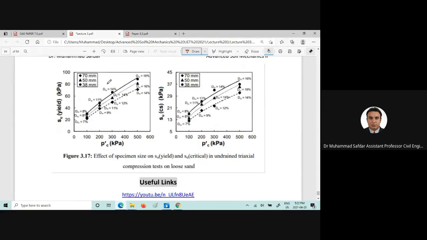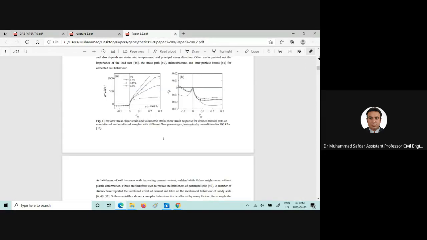or you can plot the undrained shear strength, Su yield at the yield strength, and the critical state strength can also be plotted. Now, for example, if we want to perform the compression test, this is the compression behavior, and this is the extension behavior.